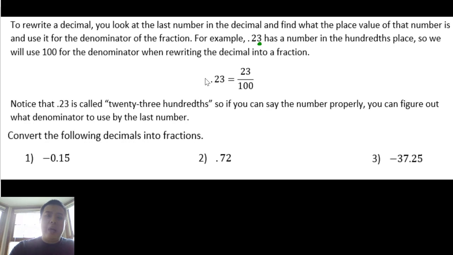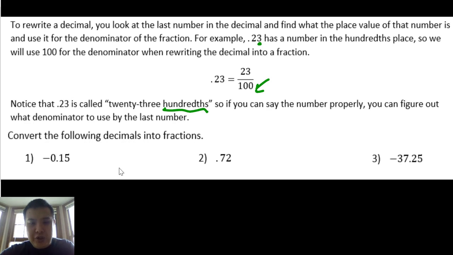So this is 23 hundredths, and this is also 23 hundredths. Notice that 0.23 is called 23 hundredths. So if you say the number properly, you can figure out what denominator to use by that last number, which is hundredths. That's going to be our denominator, okay?